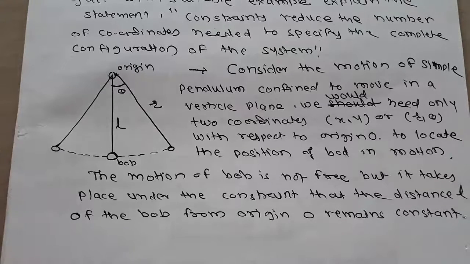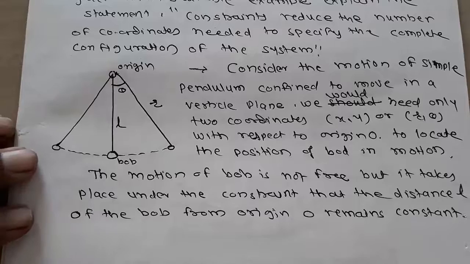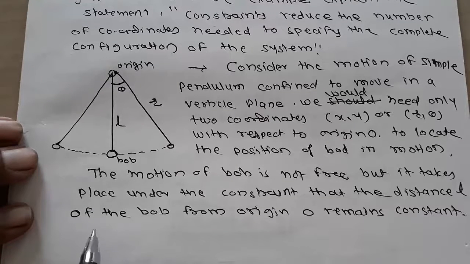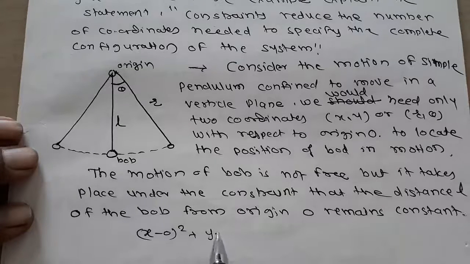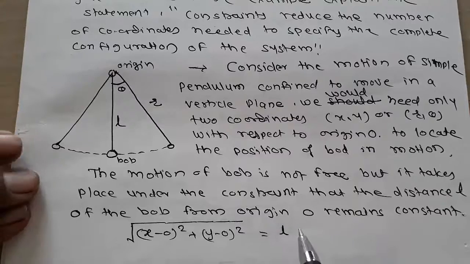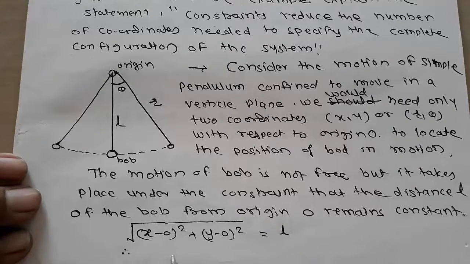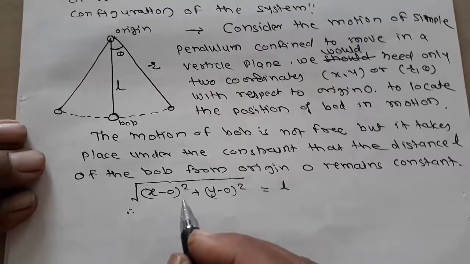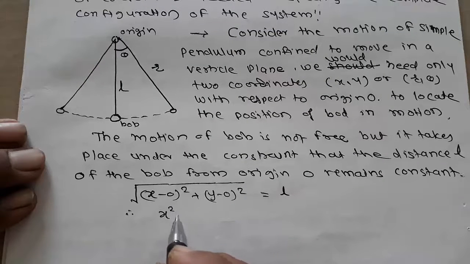From this constraint, we know that the square root of (x minus 0) squared plus (y minus 0) squared is nothing but the length L, and therefore x square plus y square equal to L square.